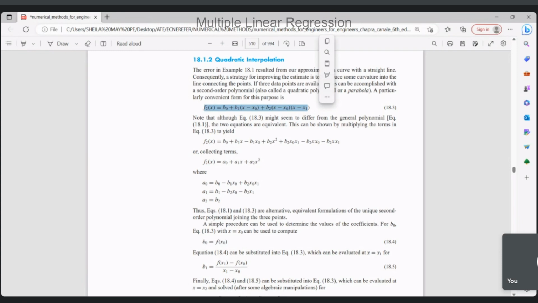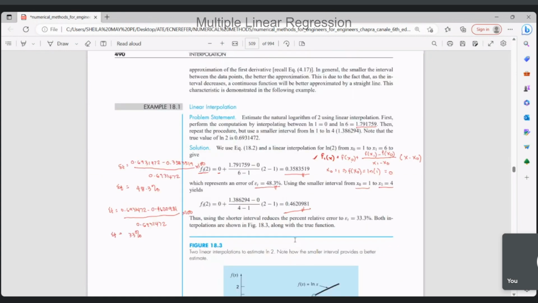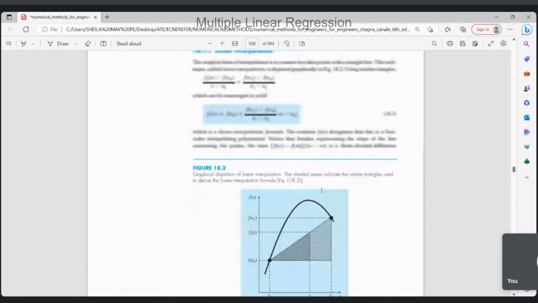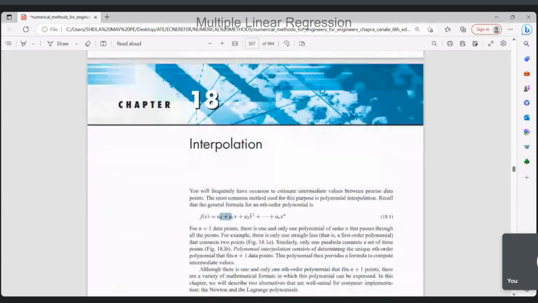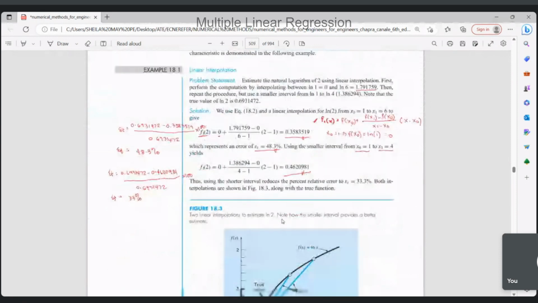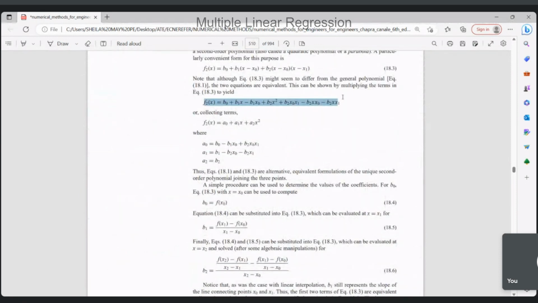Then iyang gi-coincide sa first nga equation nga atong gigamit here. This one. And after getting this, equal siya ani. But ang pagkuha sa a sub 0, we need to use this. This and this for A1 and A2.